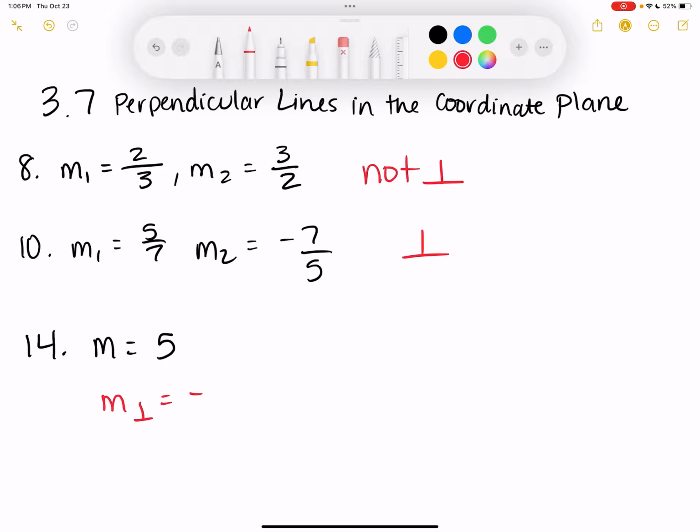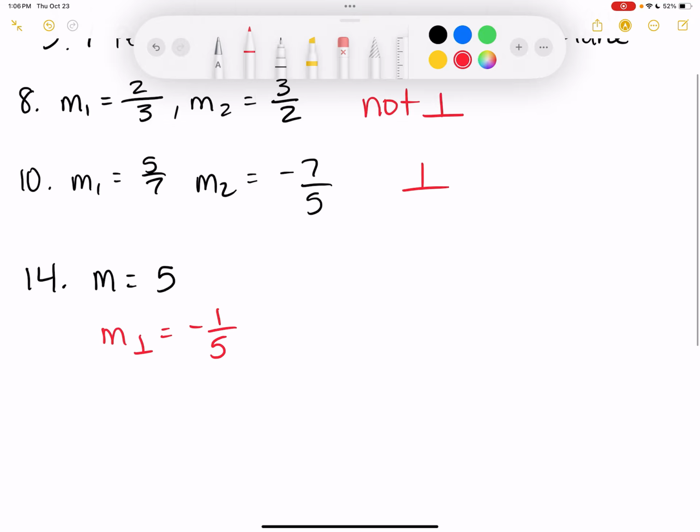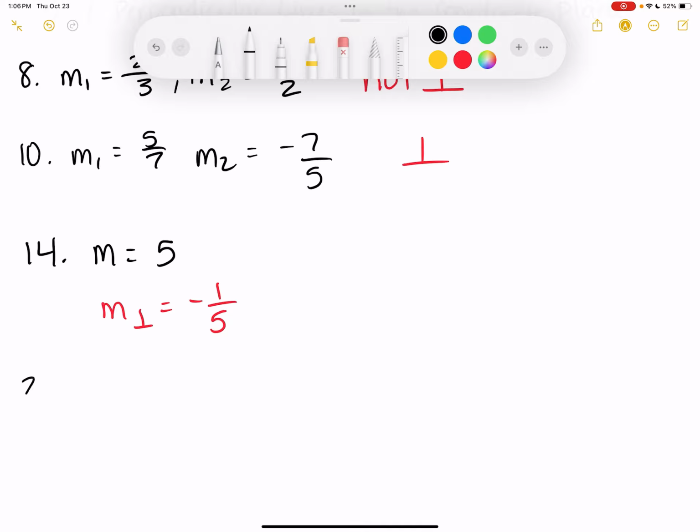Yep, -1/5. We just flip it. 20, -4/3. Somebody besides Jonathan. It's the perpendicular slope. Yep, +3/4.